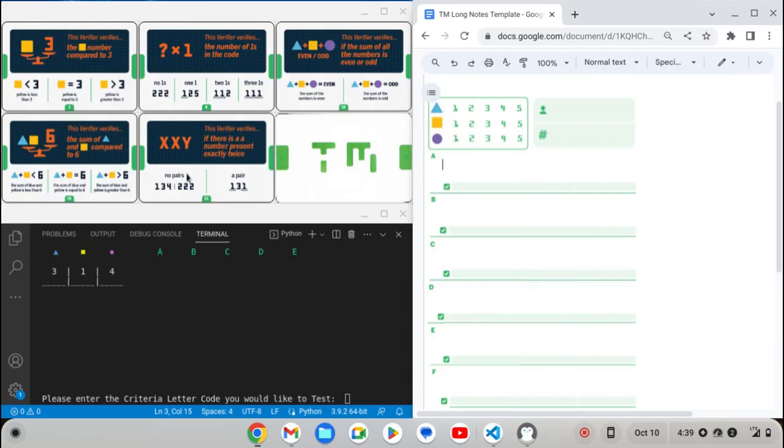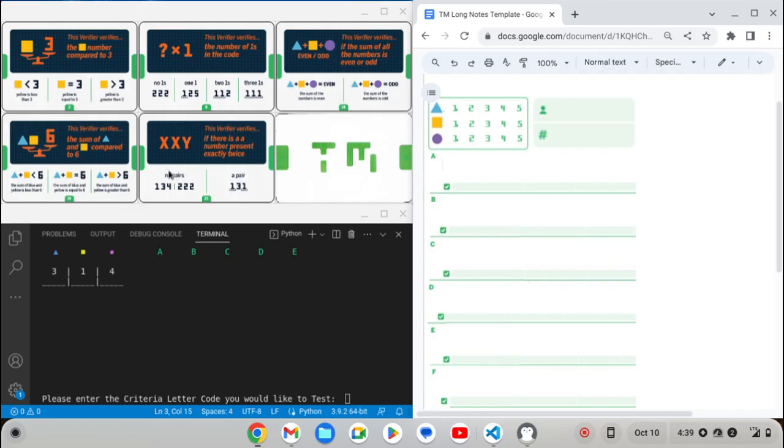And finally, criteria card E will again take a look at our 3-digit solution, but this time it'll tell us a little bit about its structure, so to speak. There are 2 possibilities. Either you do have a pair in the solution, as in the example 131, or the solution has no pairs.